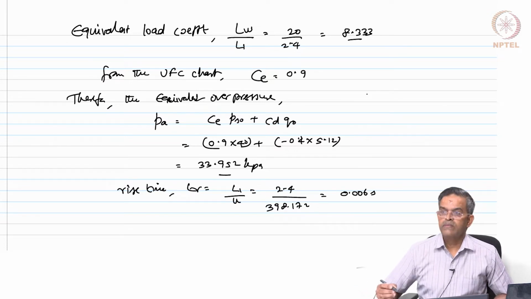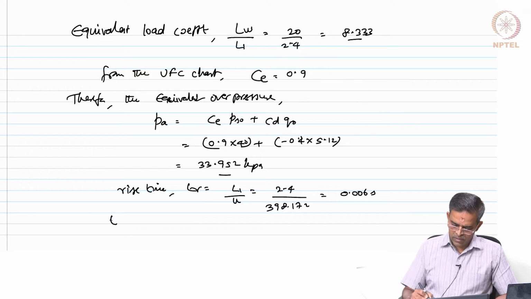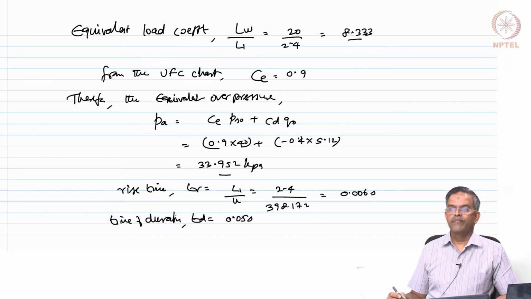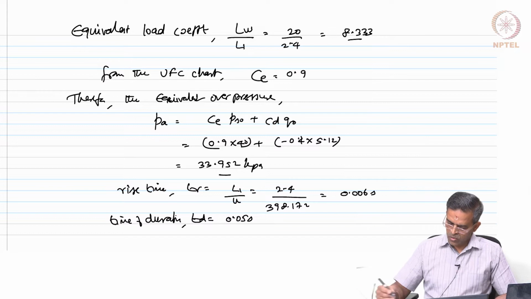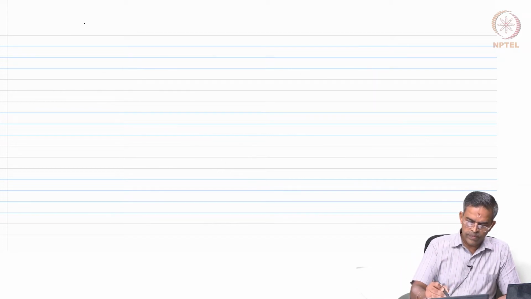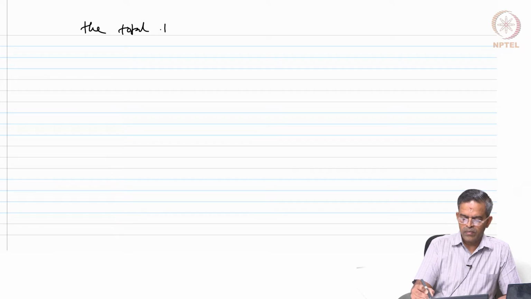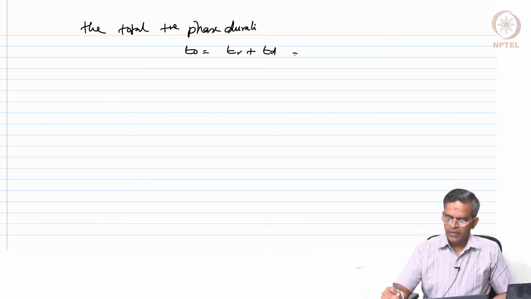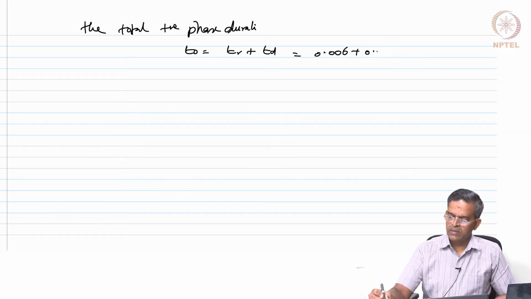Okay. So, let us plot this. For the time of duration TD is 0.05. So, the total positive phase duration will be equal to TR plus TD, which is 0.006 plus 0.05, 0.056 seconds.